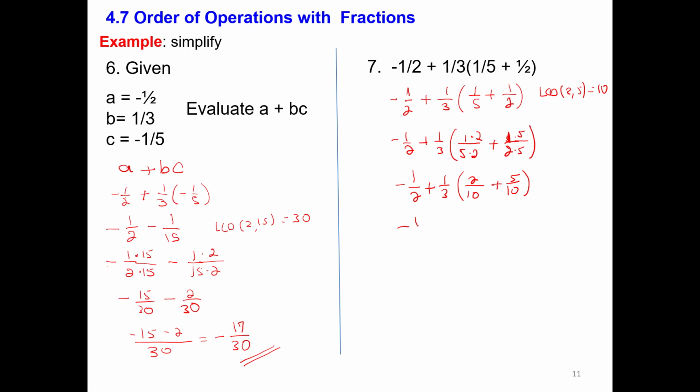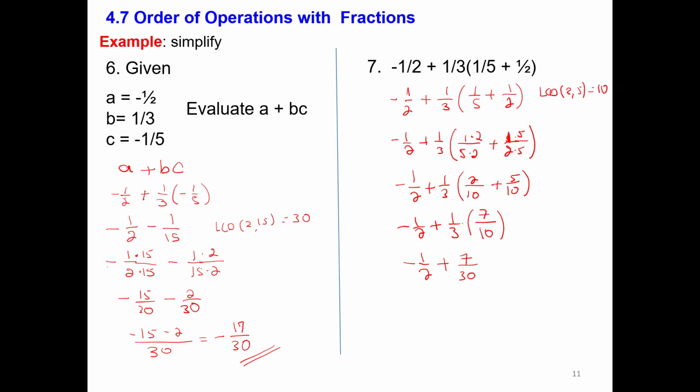Inside the parentheses, we just keep the denominator and add the numerators. 2 plus 5 is 7. The next thing is to multiply. 1 times 7 is 7, 3 times 10 is 30.